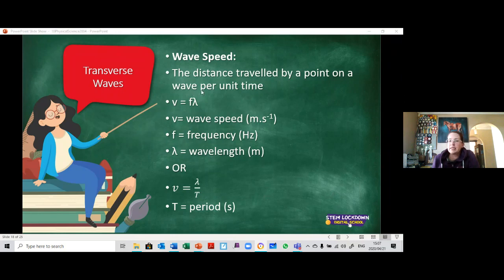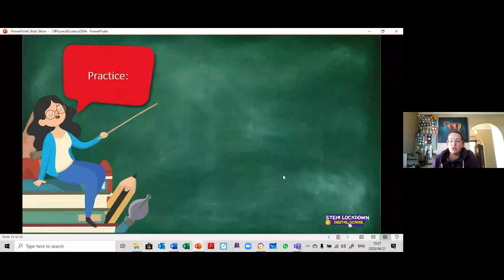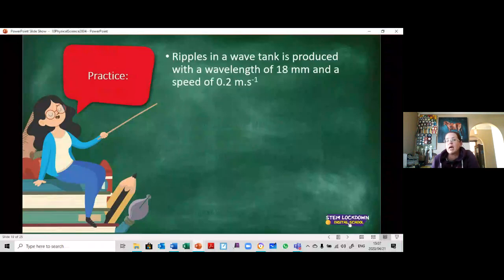Now, fortunately, guys, these formulas are on your information page. So you do not have to memorize them. Okay, you must just be able to use them. So, I'm going to run you through a question and how I would approach it.